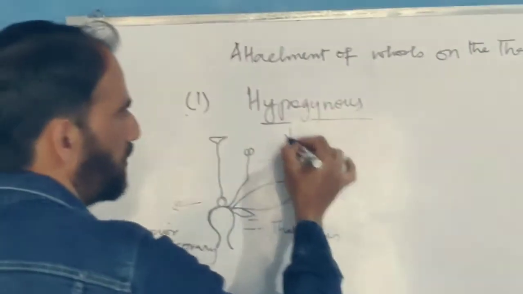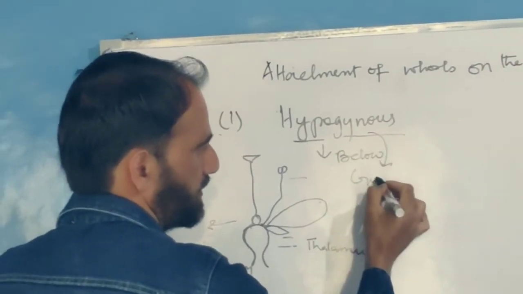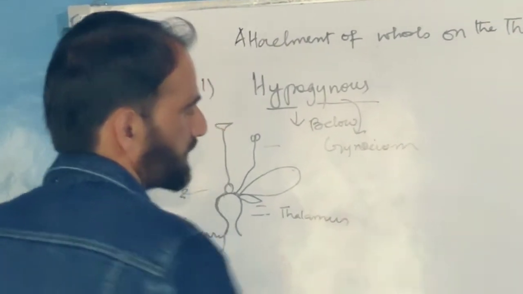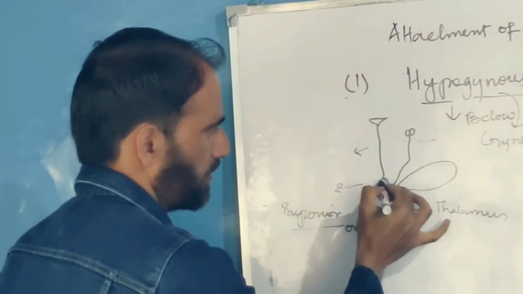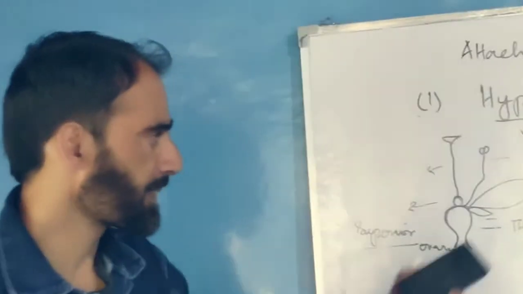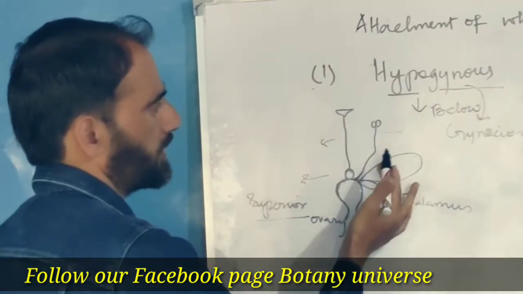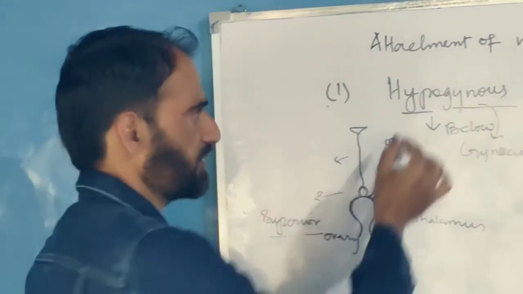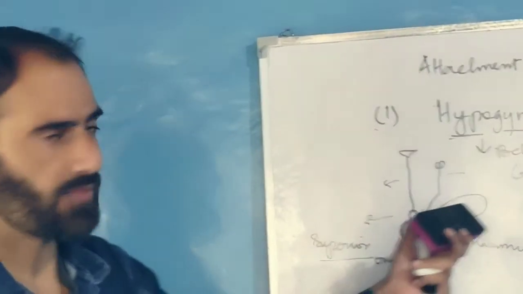Hypo means below. Gynous means gynoecium. Gynoecium is your female part, that is ovary, stigma, and style. Hypogynous means the gynoecium is above and the other parts are below that. That means below the gynoecium the other parts are arising.